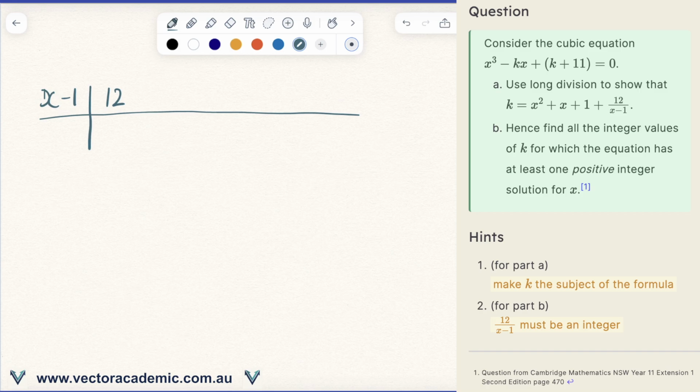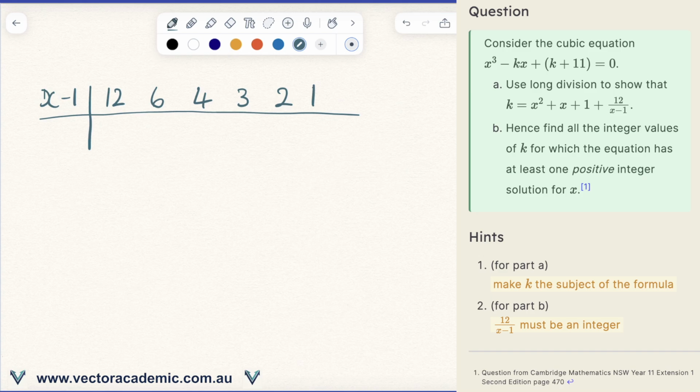It could be 6, 4, 3, 2, 1. And then we go into our negative numbers as well. But we're looking for positive integer solutions for x.